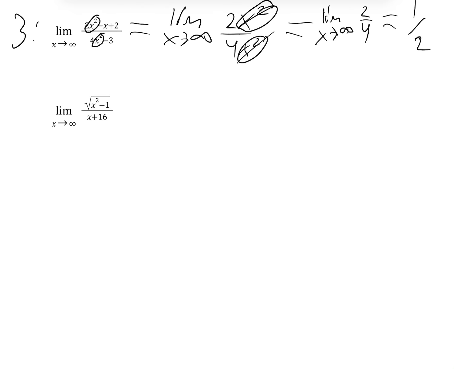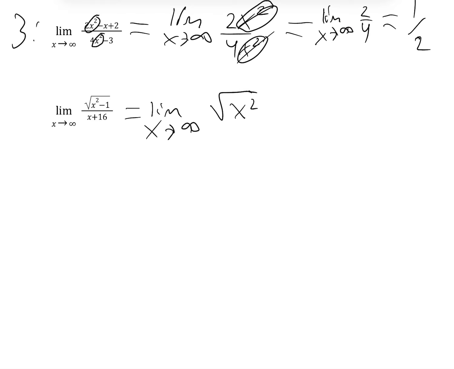Now, what if it's a little more unintuitive? What if it's a square root? We can still ignore all the other constants and lesser powers, but we still have to consider the square root because the square root will affect x's power. So that's equal to the limit as x goes to infinity of the square root of x squared over x.